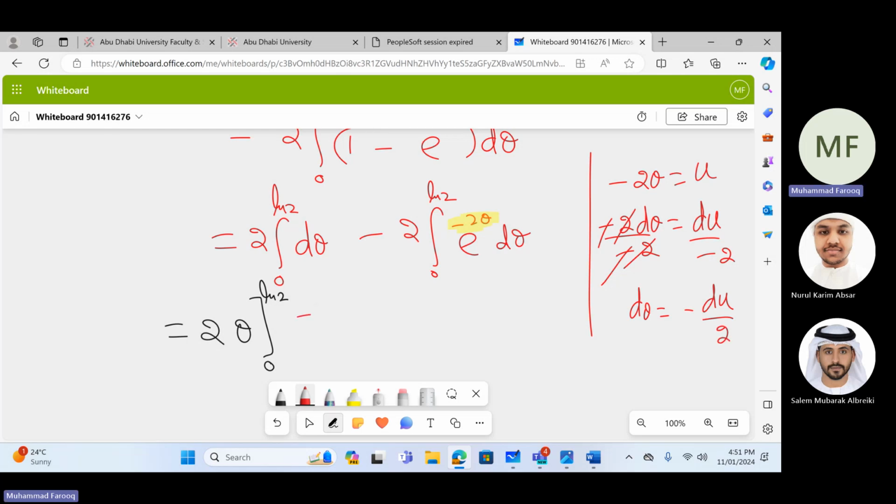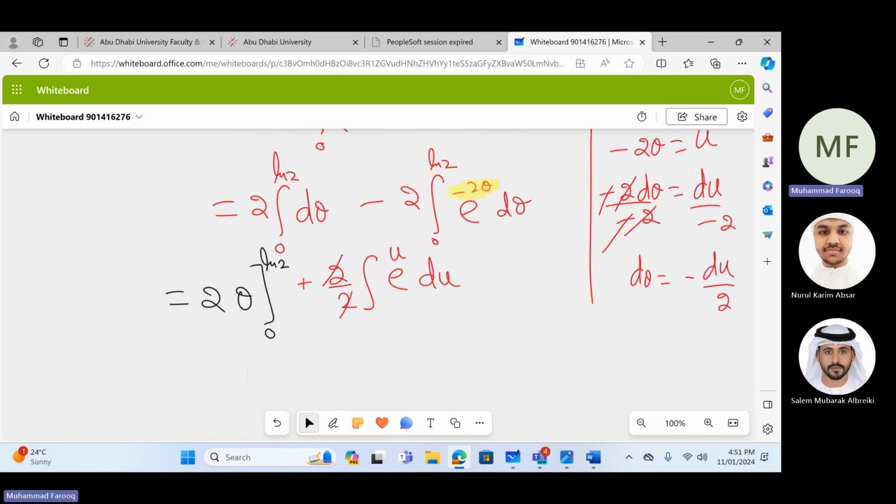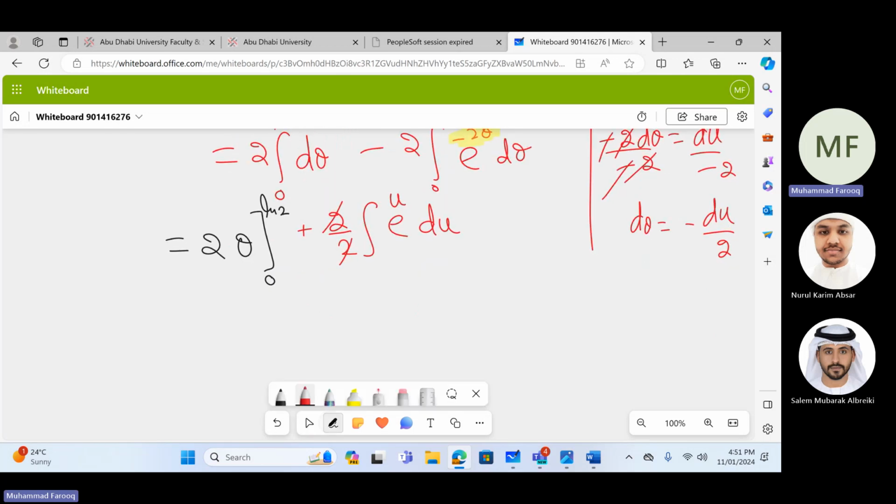I have already -2 in my question. Integrate e power u, and d theta is negative du divided by 2. So this cancels, minus, so plus. Okay, now this one we have already done.